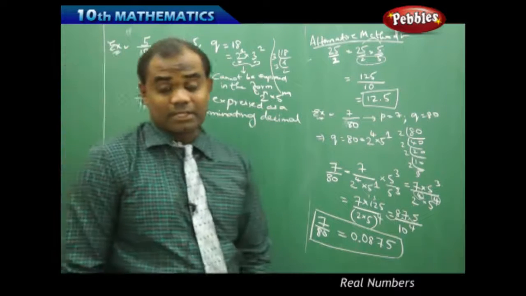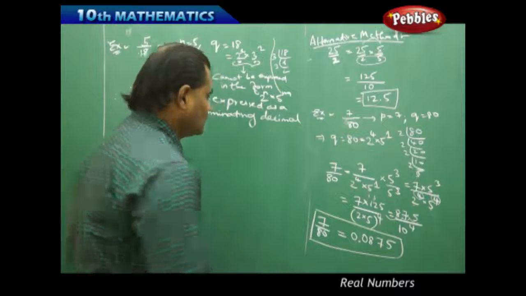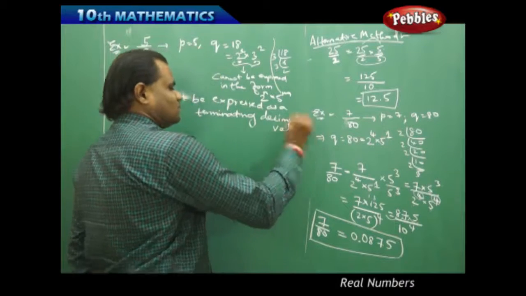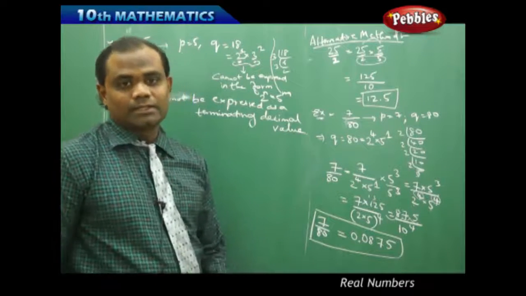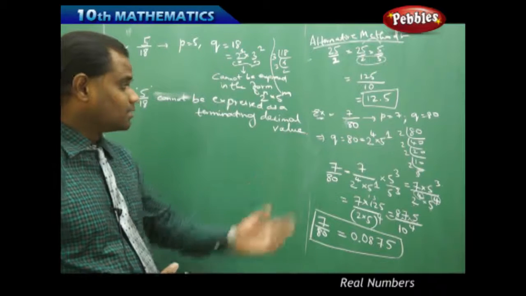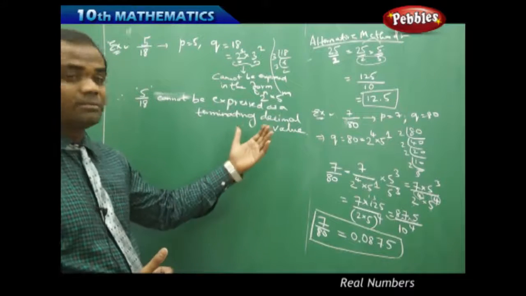It cannot be expressed as a terminating decimal value because it keeps on repeating. So let's see how it cannot be expressed as a terminating decimal value, supporting the statement out here.